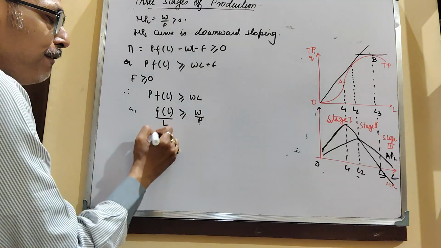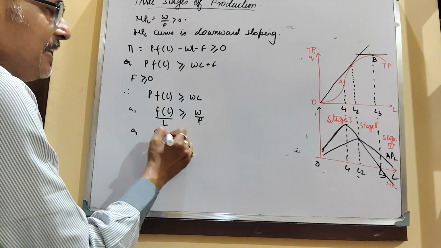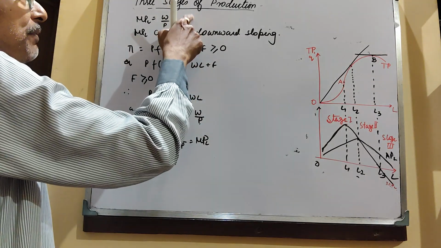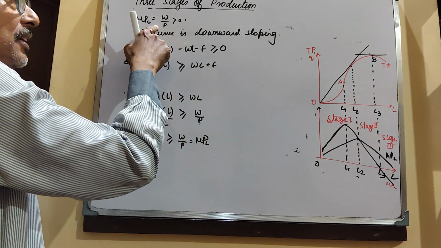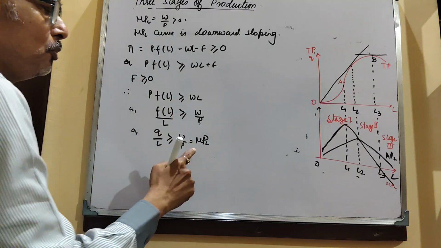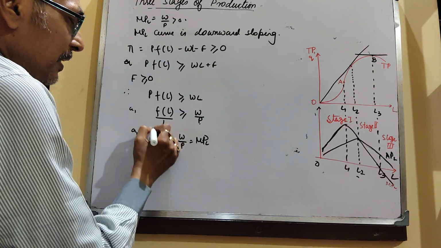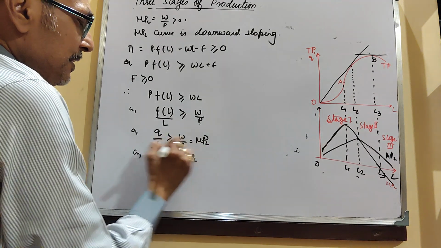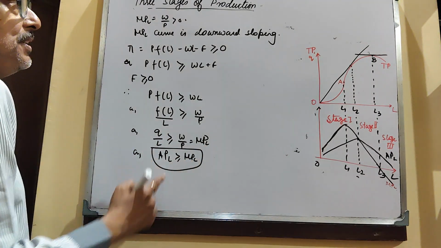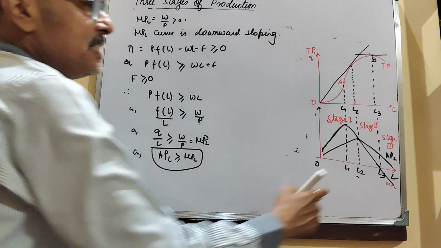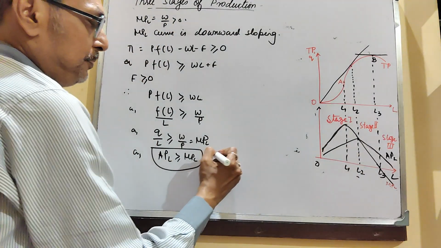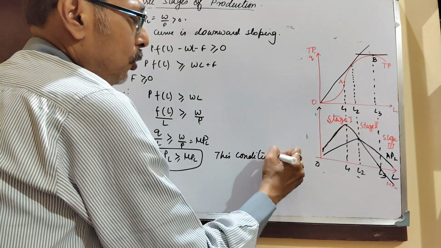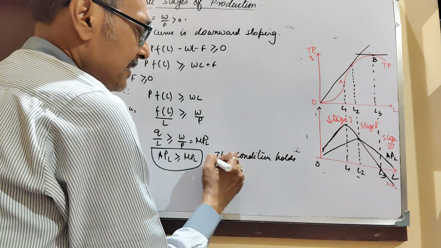What is f of L? It is Q by L, which is greater than W by P. From the FOC, the first order condition, we get MPL equals W by P. So Q by L, which is APL, is greater than or equal to MPL. Now, this condition holds in stage 2.